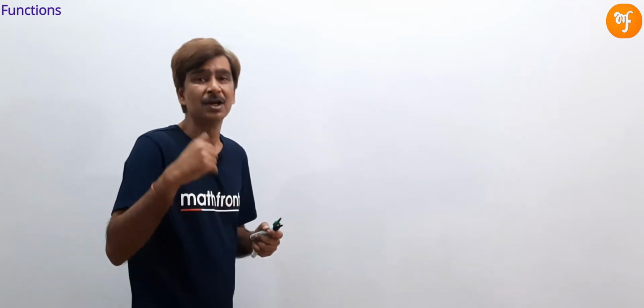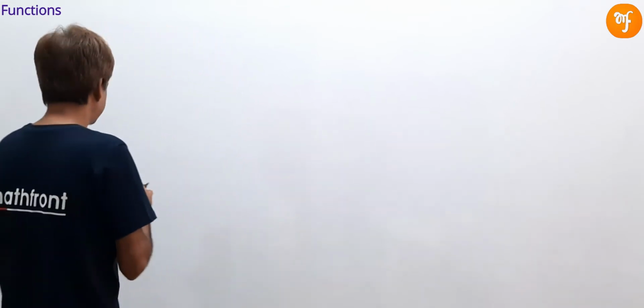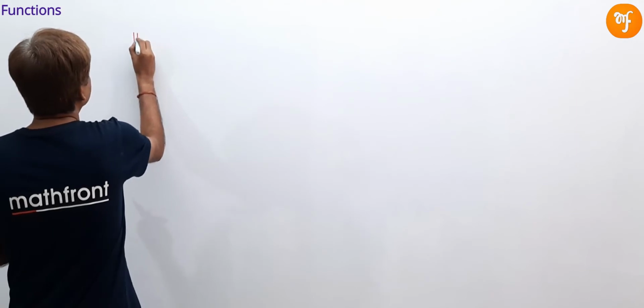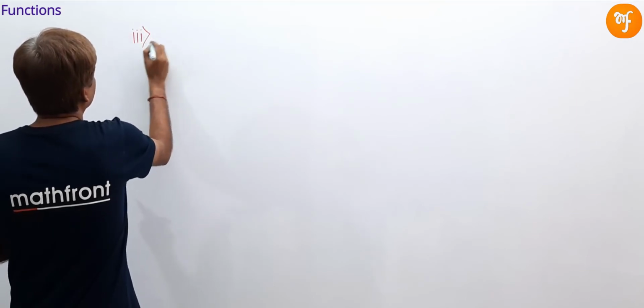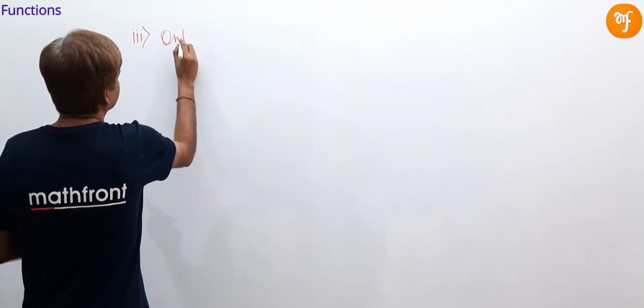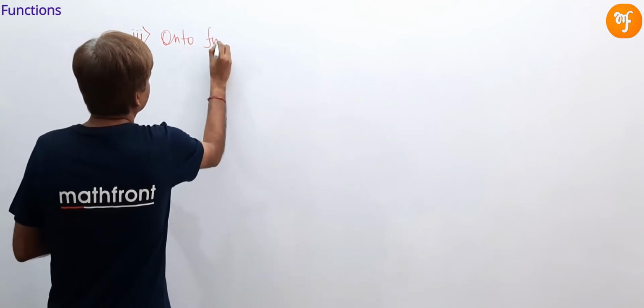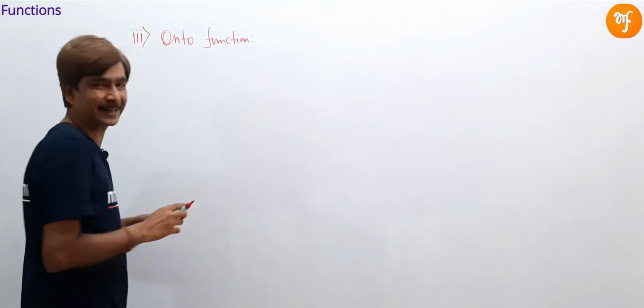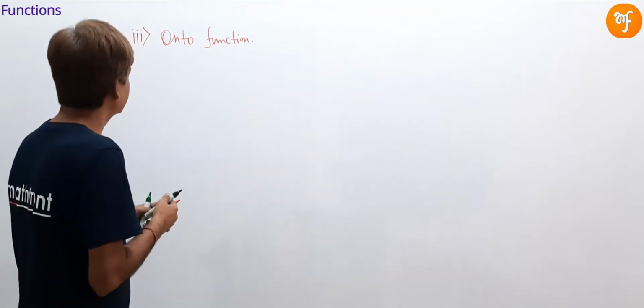Okay, so first of all write number 3, that is onto function. And we know onto functions are also known as bijective functions. So what is the definition?